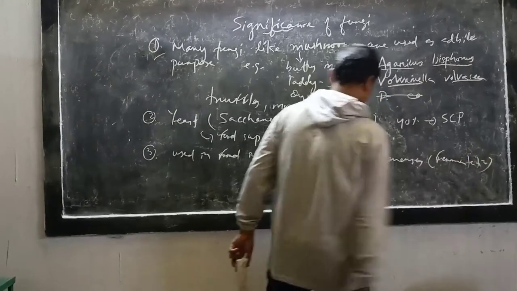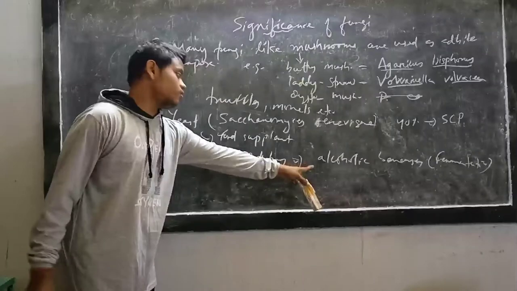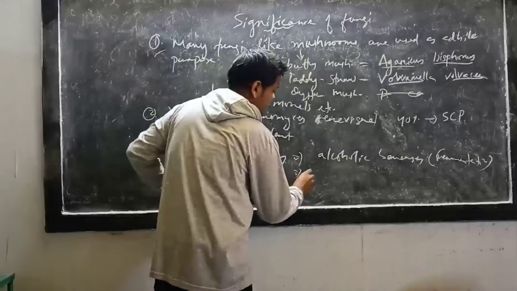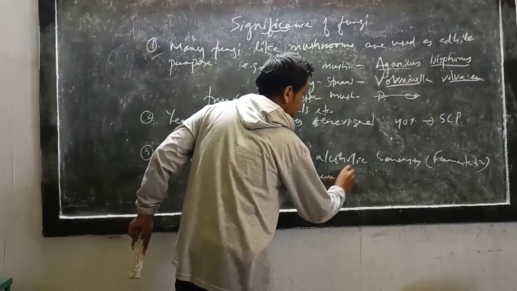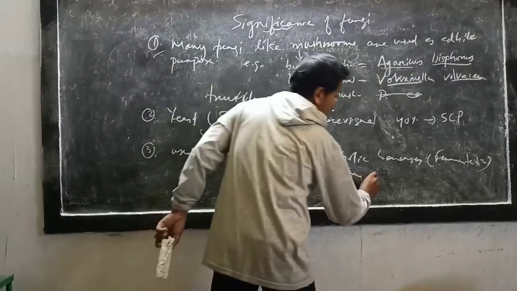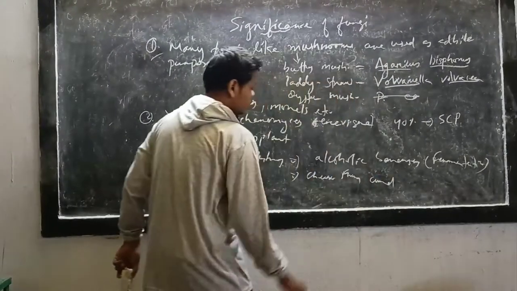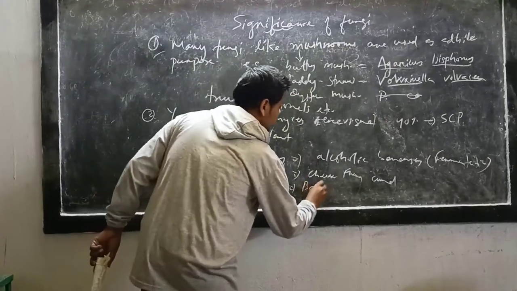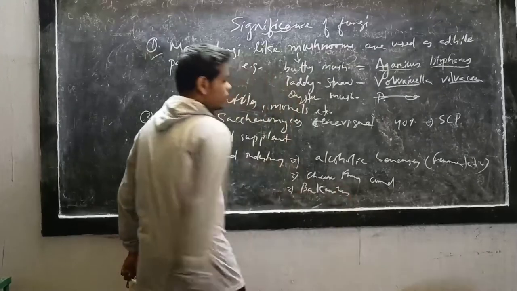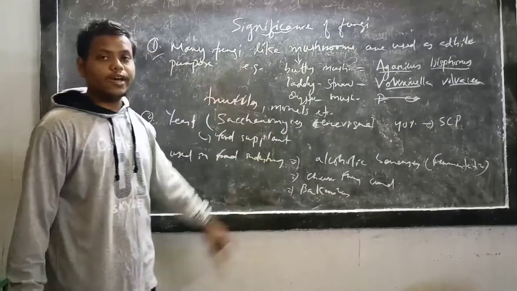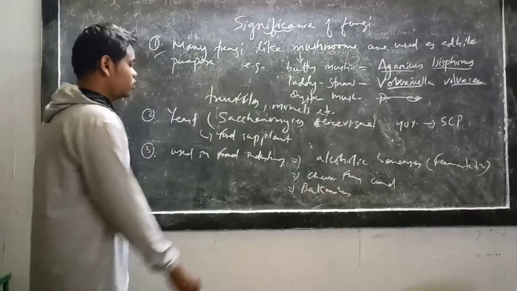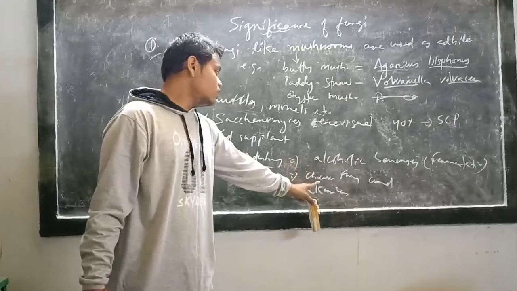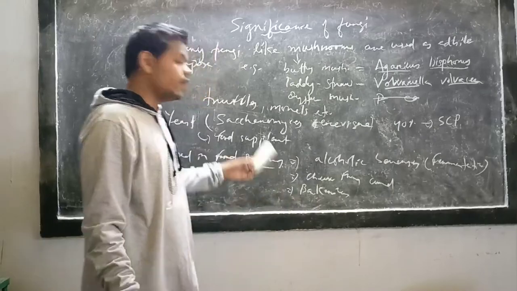Then for preparation of cheese from curd. Then also for preparing bakery items, these fungi are used. So this is the use of fungi in the food industry for preparing alcoholic beverages, cheese and bakeries.